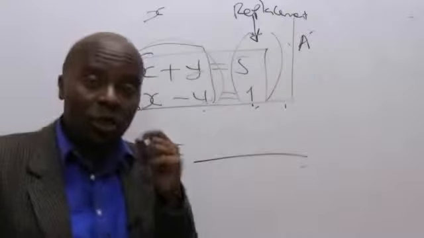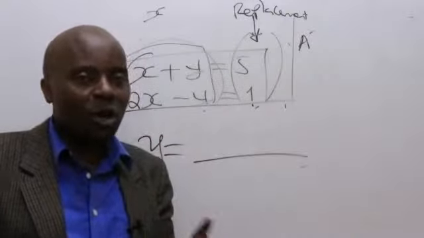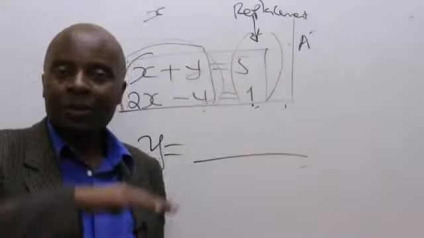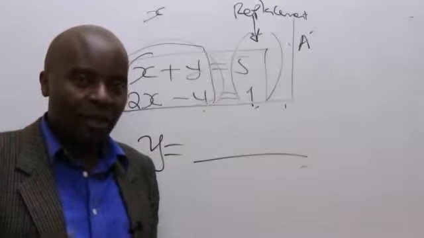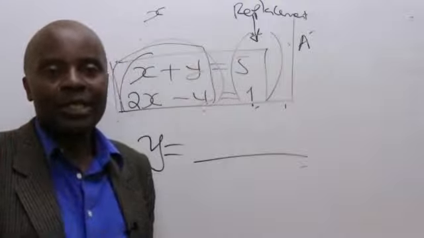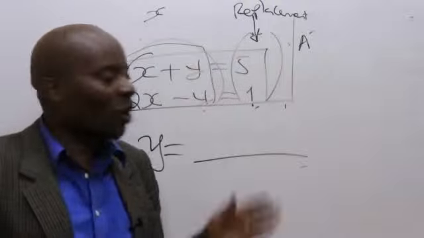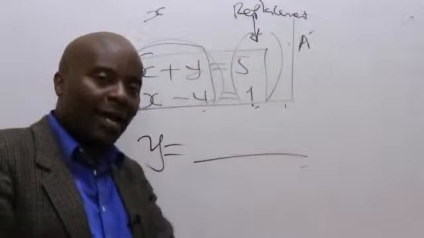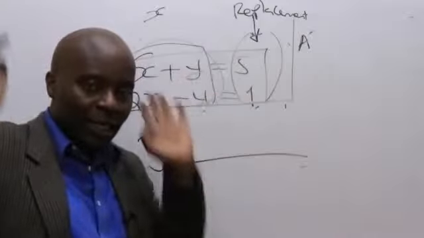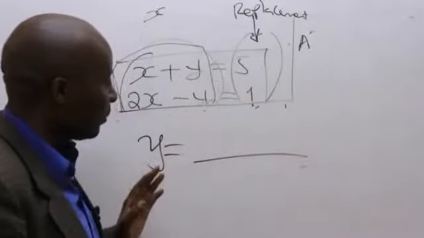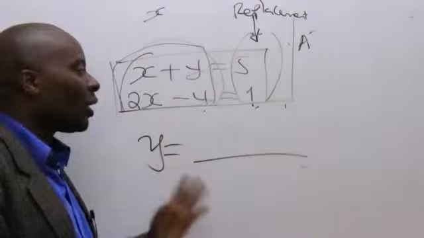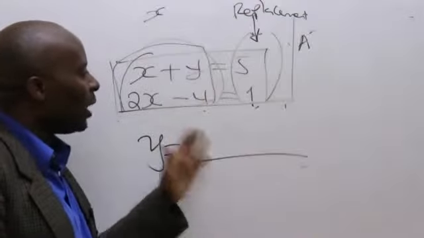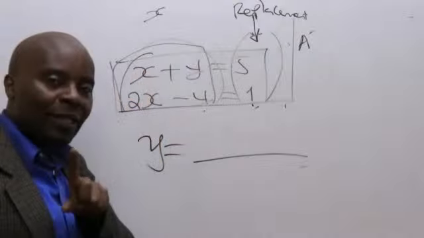So if they want us to give them the value of y, there is one thing that I know. There is that chorus. You know, at times you may not be able to sing the entire song, but most of us happen to know the chorus. Like the chorus here will be, if I'm after y, the column of y has to disappear. And remember that these columns can only disappear one at a time. So if it is the column y that will disappear, then column x, which happens to be the first column, must remain.